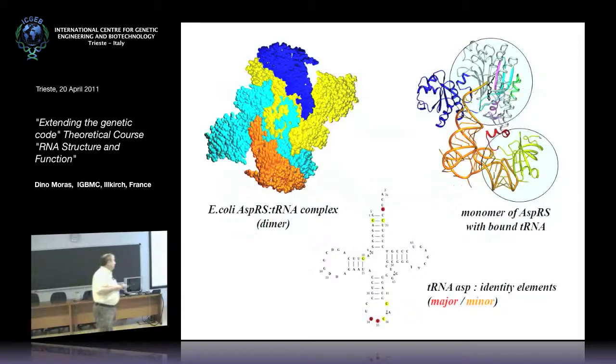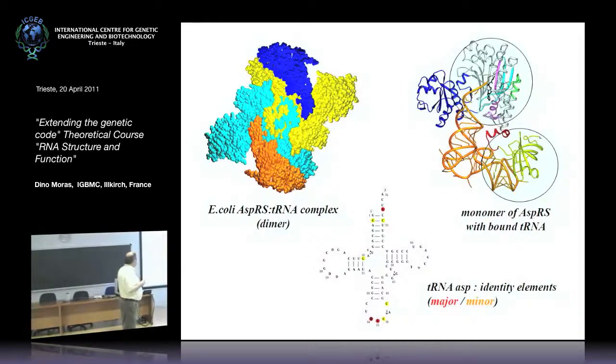So, these steps are very important. For example, for transfer RNA, it's rather easy now. We understand very well the specificity and the control. Here you have an example, which is the aspartyl system. It's a class 2 with 2 transfer RNAs. And you see that the recognition is achieved through 2 main regions of contact. That's near the active site, where you have the N-terminal domain, and you have a module which recognizes the anticodon domain.